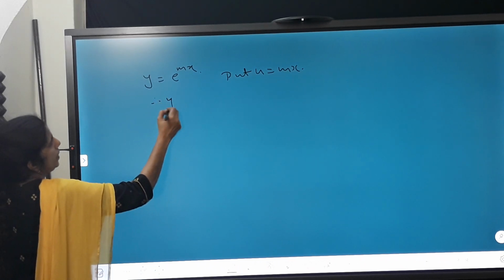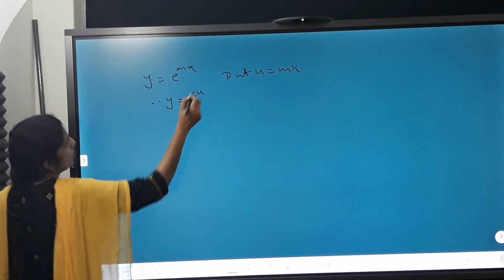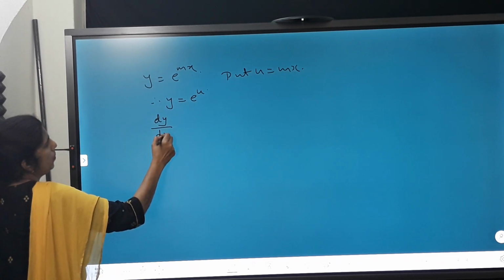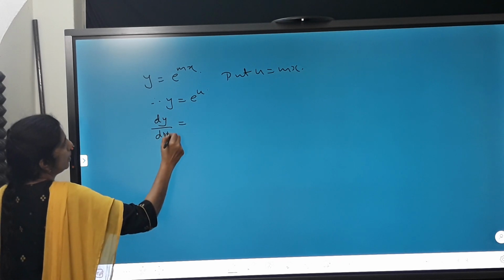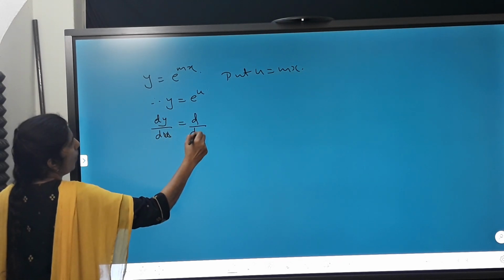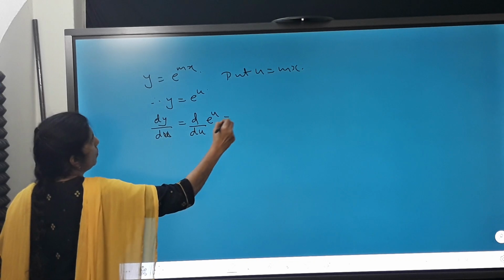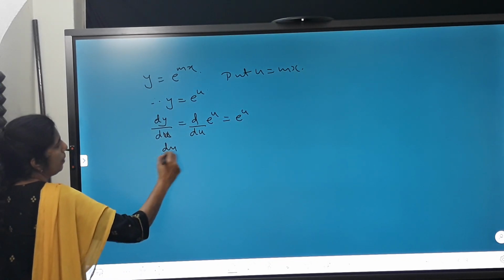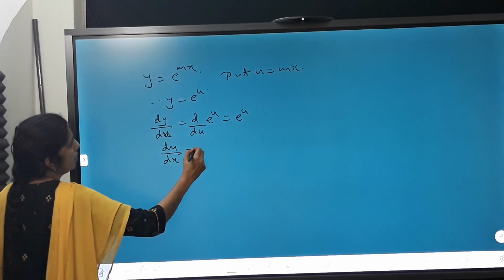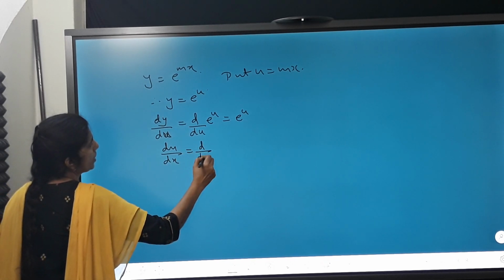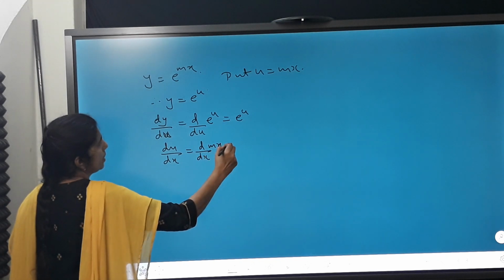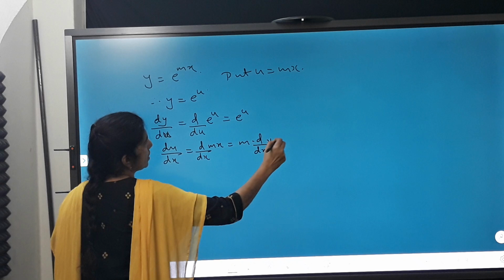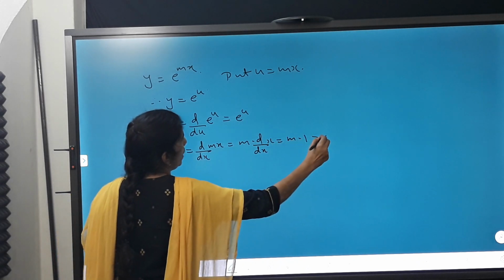So y is equal to e raised to u. dy by du equal to d by du of e raised to u, that is e raised to u itself, and du by dx equal to d by dx of mx, that is m into d by dx of x, that is m into 1 equal to m.